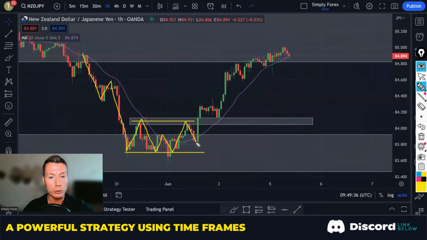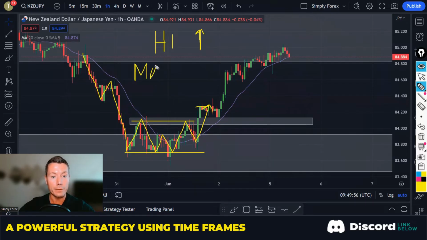I'm also going to show you something else I use as well. As soon as we get a break of these highs with these candles here, H1 structure is now in an uptrend. This is what we want. Also, guys, I look for price to be above the moving average 20.